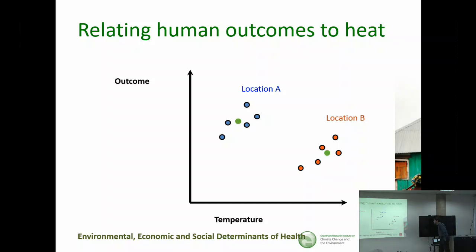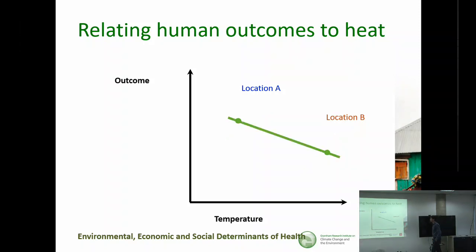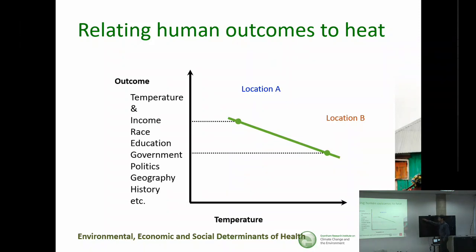If you were to just take those two locations, take their average temperature and their average death rate, and draw a line between them, you would get that the hotter place is the place that has fewer deaths, and so higher temperatures cause people to die less. But actually, there are a lot of differences between those locations, including things like income and institutions and culture.